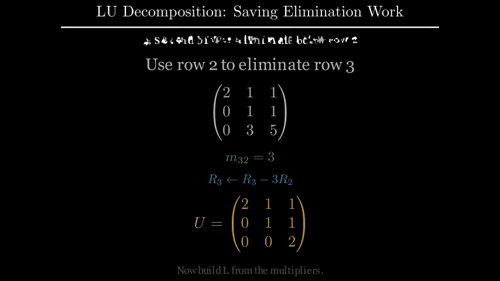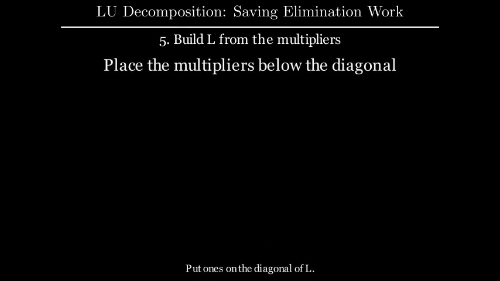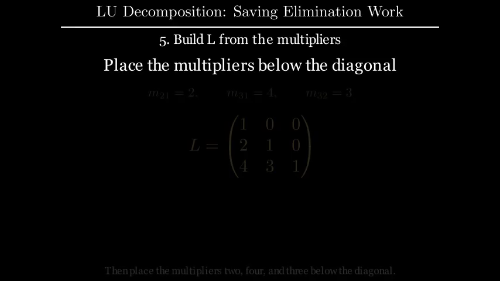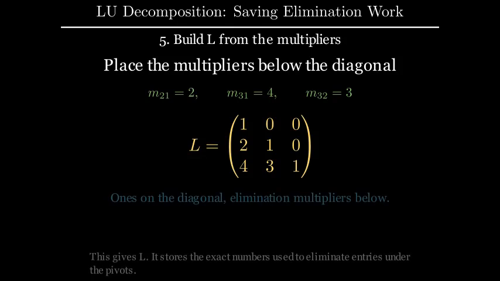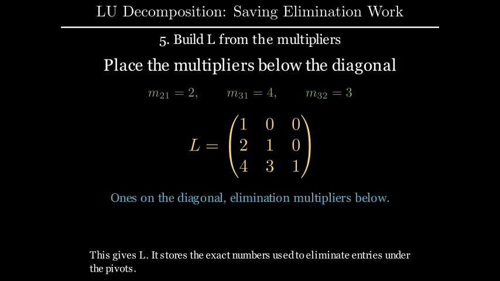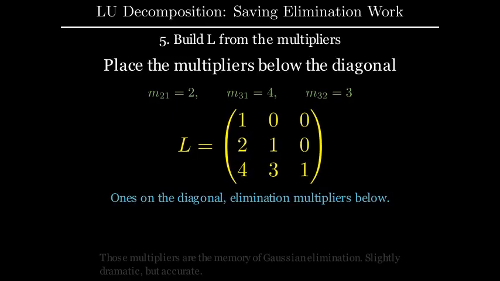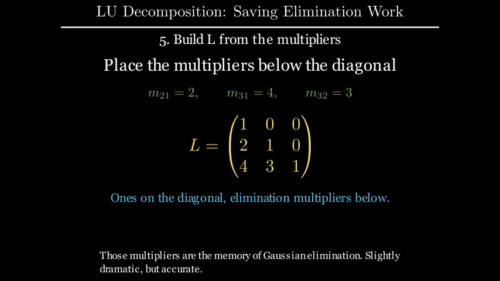Now build L from the multipliers. Put 1s on the diagonal of L. Then place the multipliers 2, 4, and 3 below the diagonal. This gives L. It stores the exact numbers used to eliminate entries under the pivots. Those multipliers are the memory of Gaussian elimination.